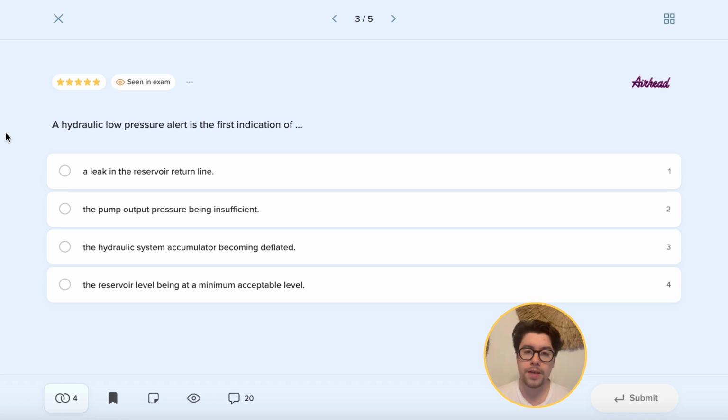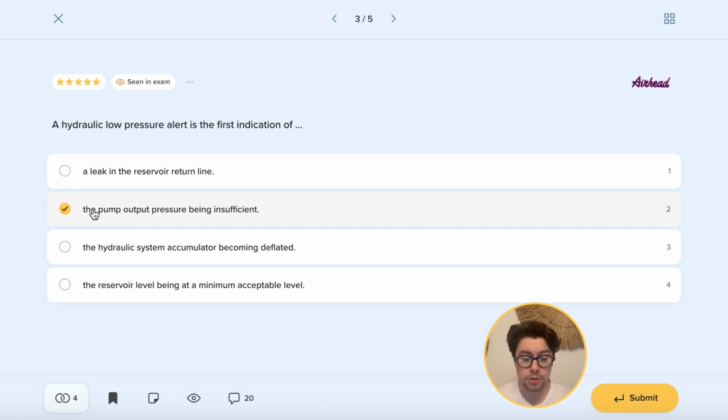The indicators for hydraulic pressure and temperature are always right after the hydraulic pumps, so the first indication we get will be because the pump is giving us insufficient pressure.